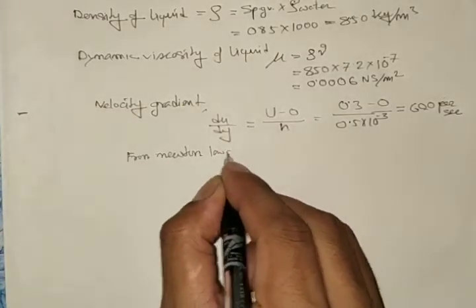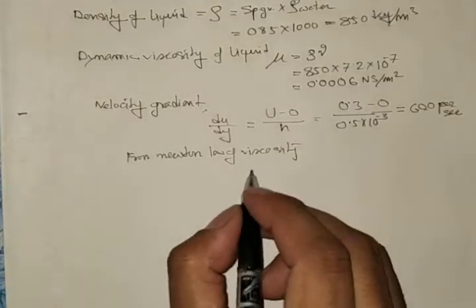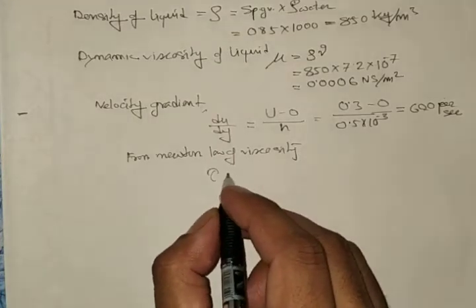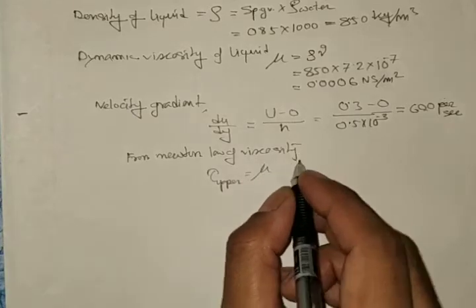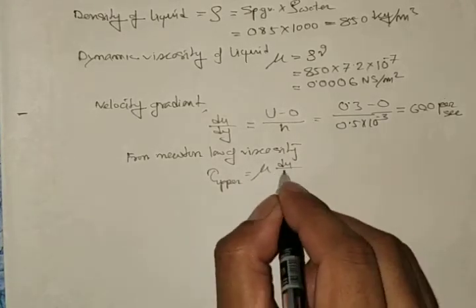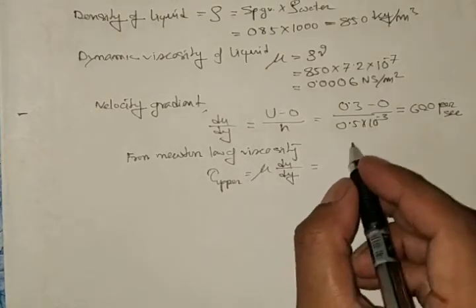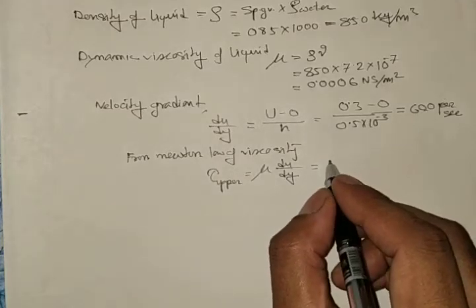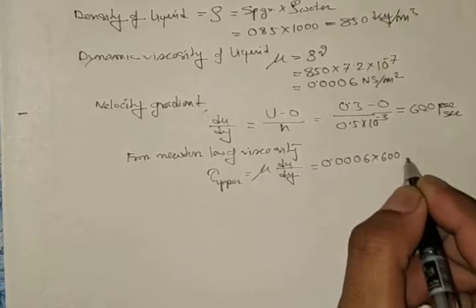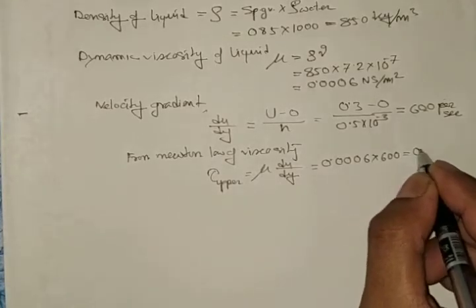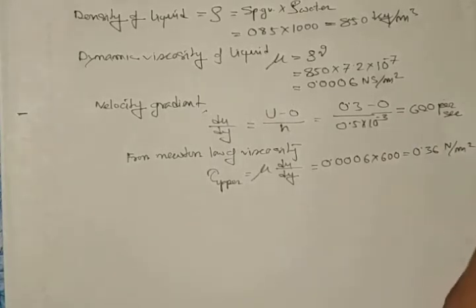Now from Newton's law of viscosity, tau for the upper plate is equal to mu del u by del y. So it is 0.0006 into 600, which is equal to 0.36 Newton per meter square.